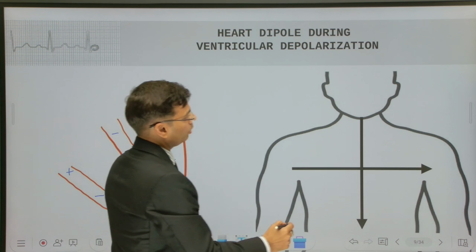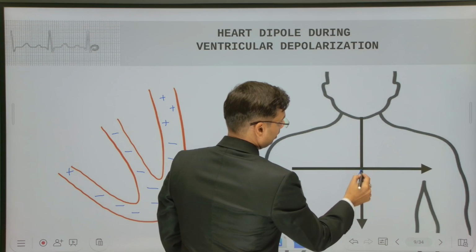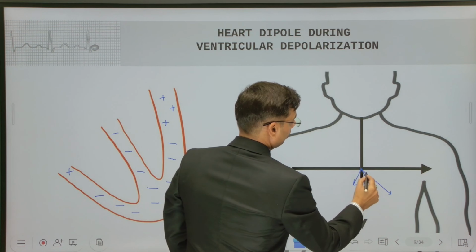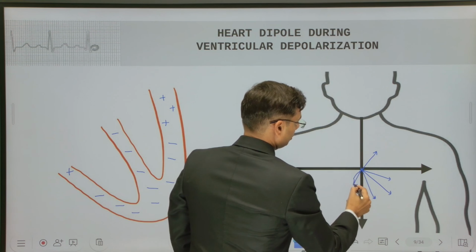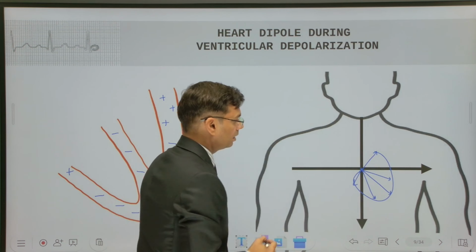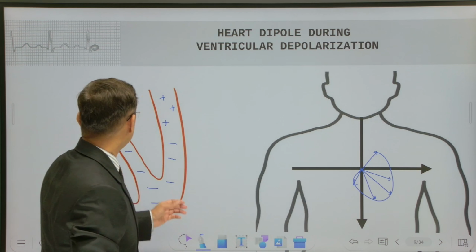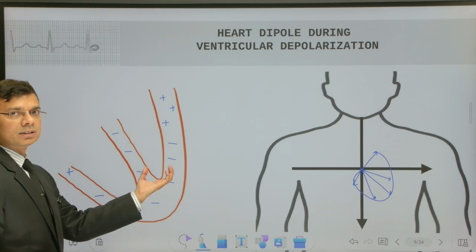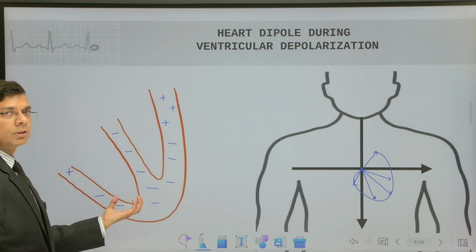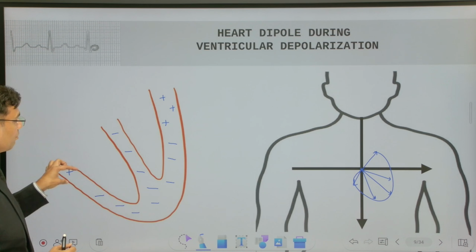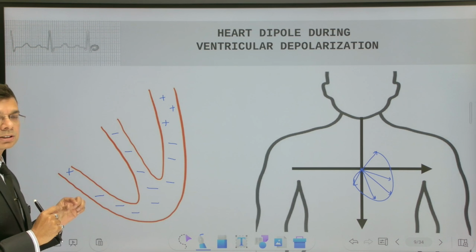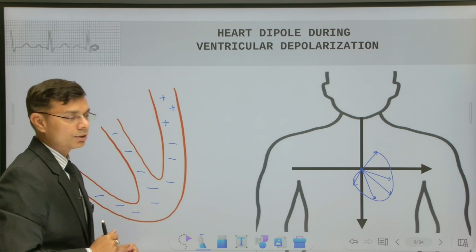So we can plot a vector. Initially this is the septal vector, and this is how the vector goes along with depolarization, and finally this vector comes out. So this is just forming a loop, something like this. I have made the wall of the left ventricle and right ventricle a bit equal just to make you understand the distribution of charges. Otherwise, the right ventricular wall is very thin as compared to the left ventricular wall.